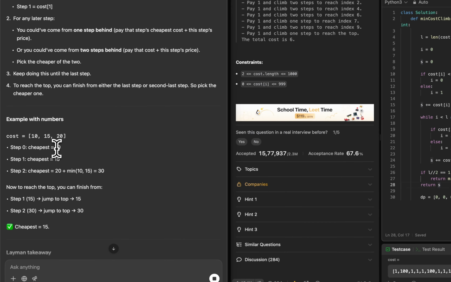Step 0 is 10 is the cheapest, 20 is the cheapest. Step 2 is 20, of course. But this is not the correct answer, no. Now to reach the top you can finish from 1.